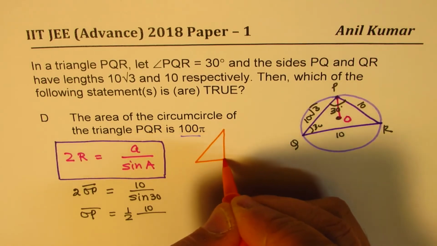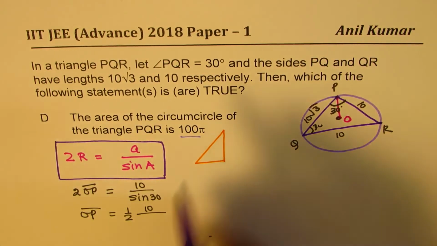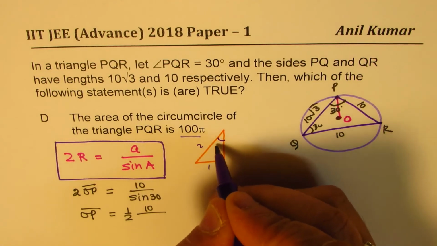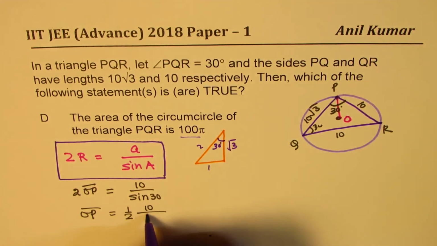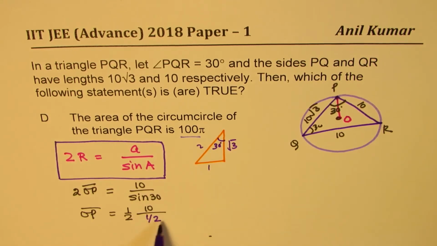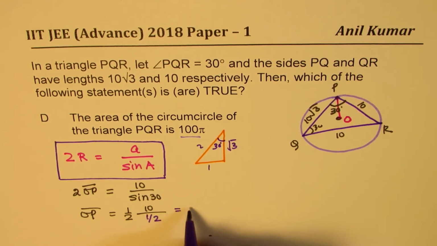So in our triangle, this, as you know, this is 1, 2, and that angle is 30 degrees, correct? So sine 30 is half, right? So we get OP as equal to 10 because this 2 cancels with this half. So we get OP as 10.